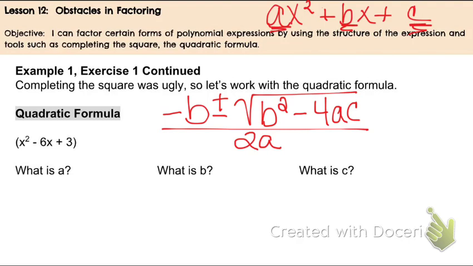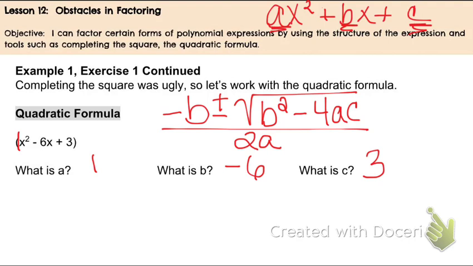We've got, what is our a value? Our a value is 1. It's the number in front of our x squared. Our b value is negative 6. And our c value is 3. So now we're going to take those numbers and plug them into our quadratic formula.